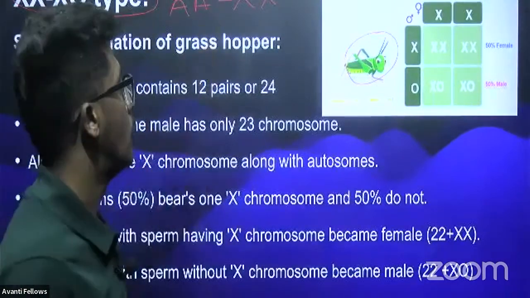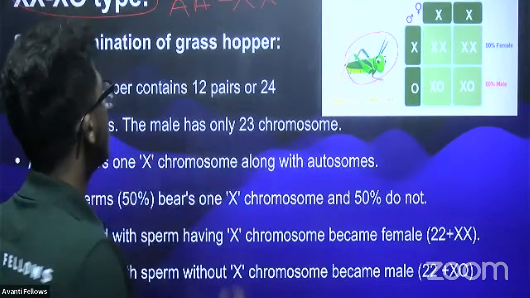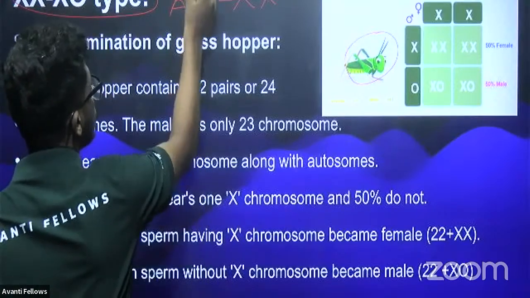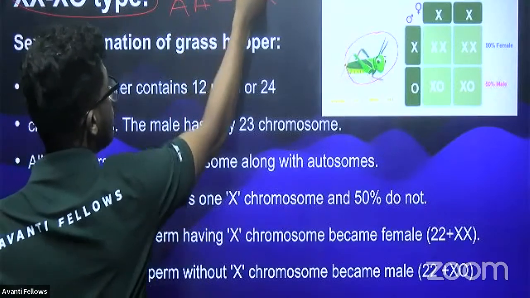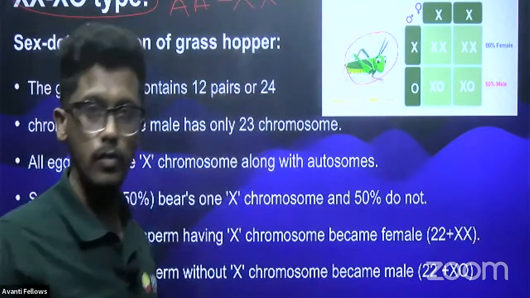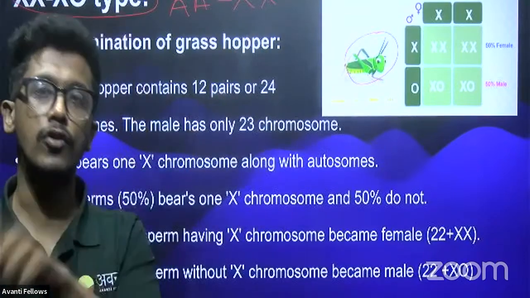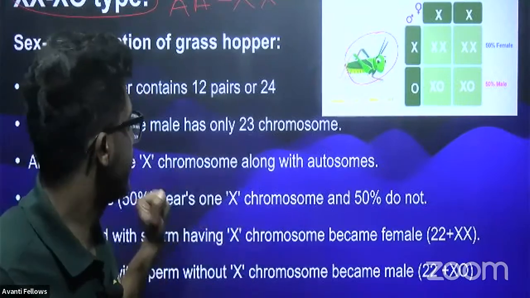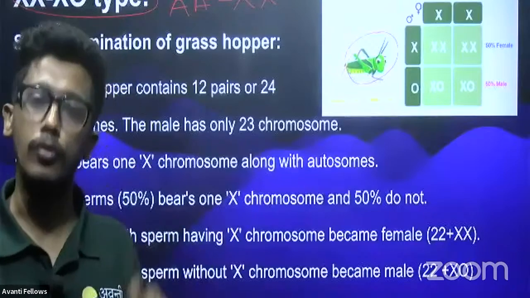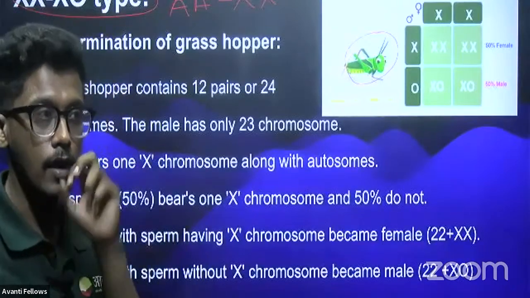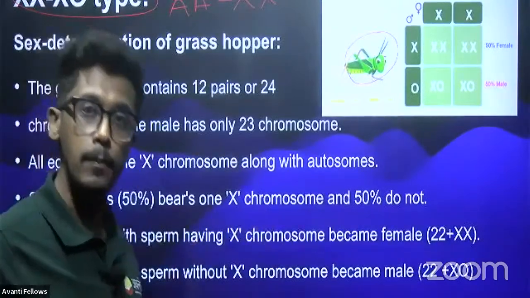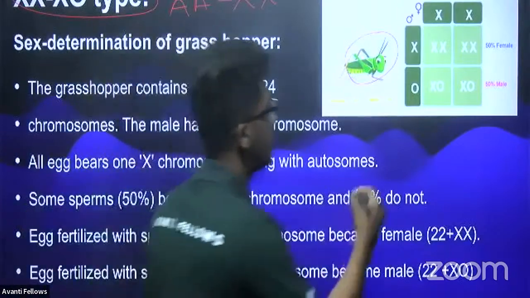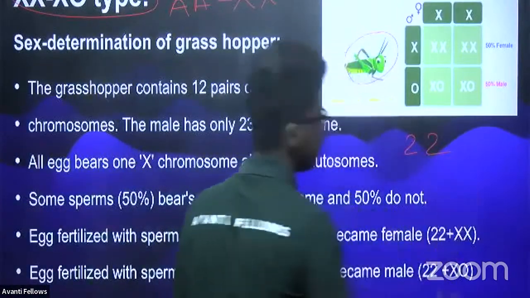Whereas what about the male? Male will have A and A as the autosomes, and then what will be our sex chromosomes? XO. What does O represent? O represents the absence of one chromosome. Let's say the number of chromosomes in the diploid state of a grasshopper is 22.